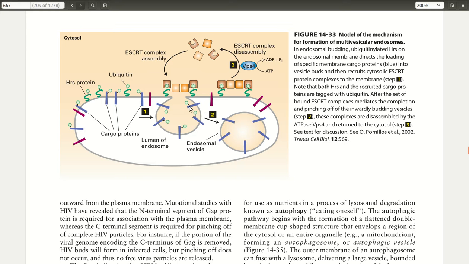Right, it helps it pinch off into the lumen of the endosome, and then after that happens, a VPS4 protein will drive the disassembly of this complex through ATP hydrolysis.